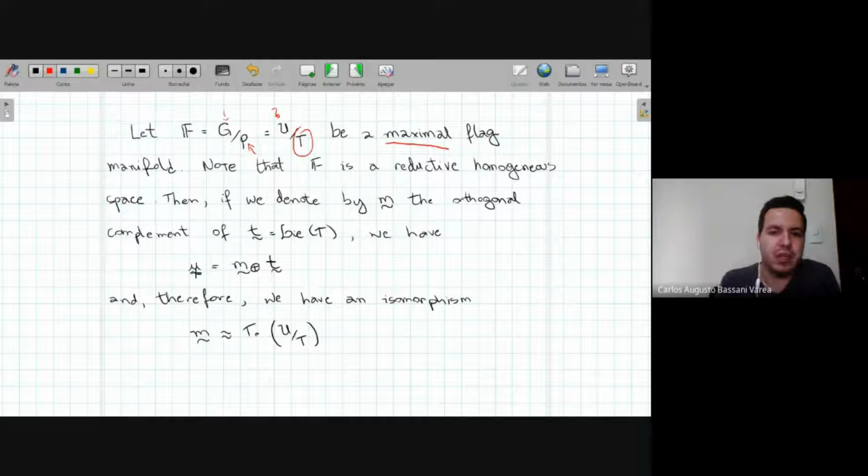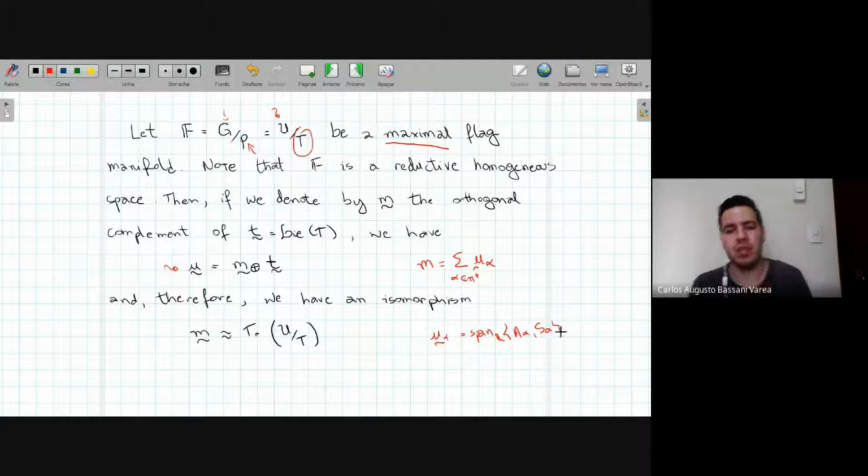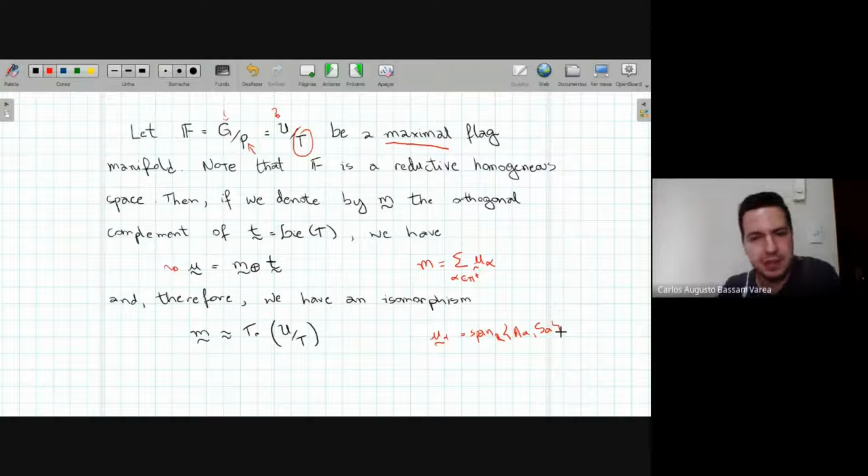So we can decompose the Lie algebra of U as the Lie algebra of T plus its orthogonal complement. And by the construction that we saw on the first day, m is actually the sum of U alpha, with alpha running over the positive roots, where U alpha is the real span of the elements A alpha and S alpha, which are defined in terms of the Weyl basis.